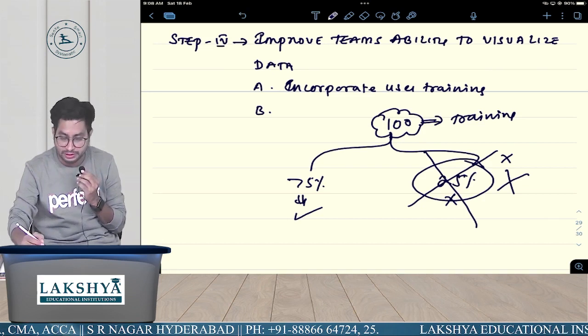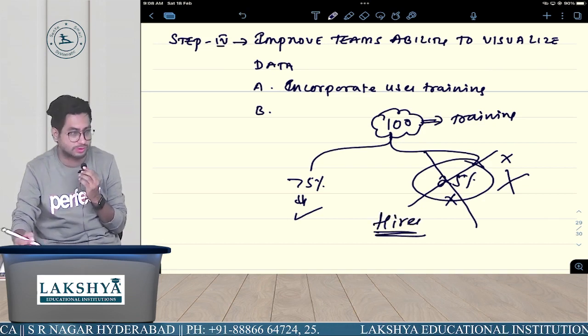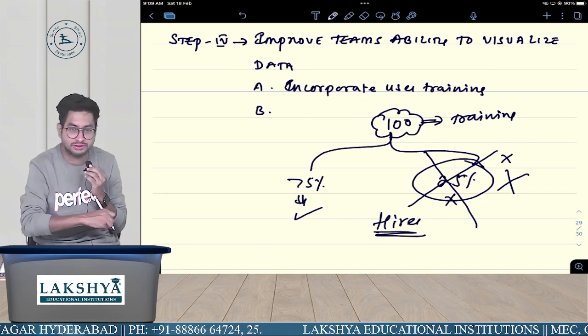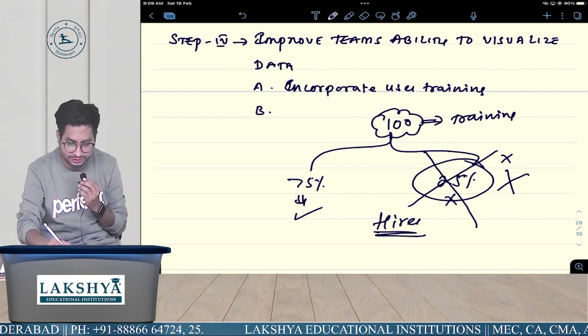Hire new employees. But when I'm hiring new employees, what should I do? Look for old skills or the latest skills? Latest skills.